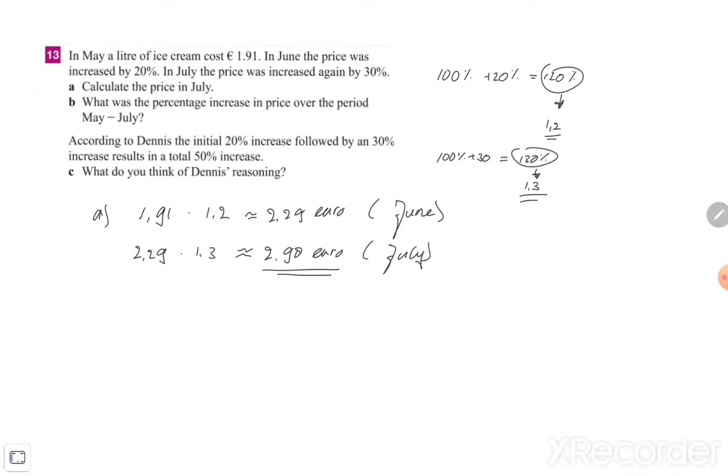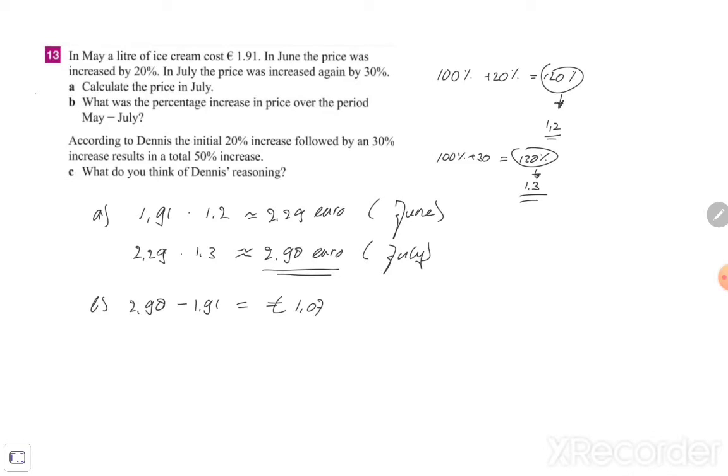Now in exercise B, they ask you what was the percentage increase in price over the period May to July. Alright, first we need to look at what the increase is in euros. So we look at the difference between €2.98 and €1.91. The difference is €1.07.